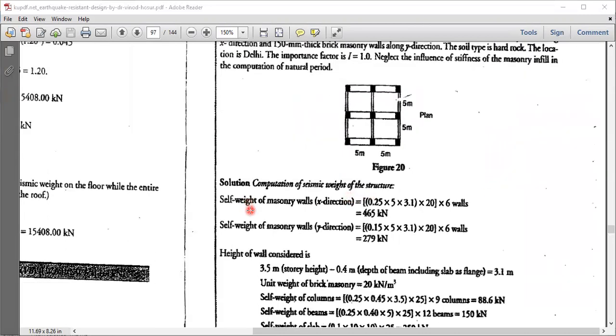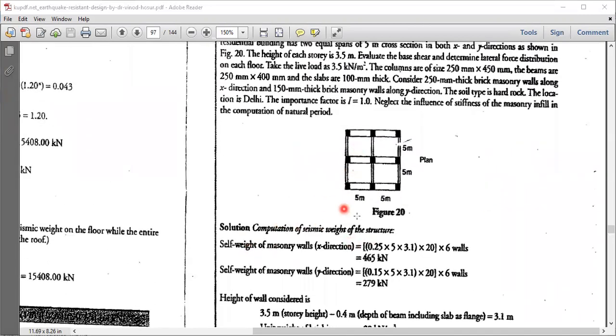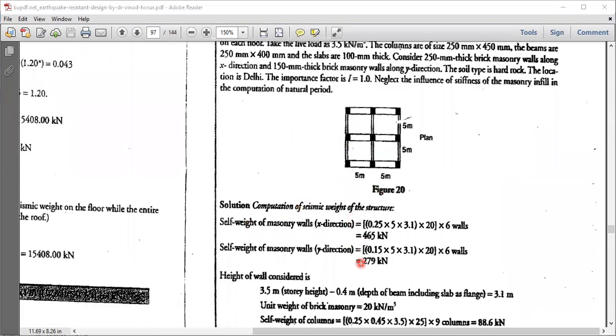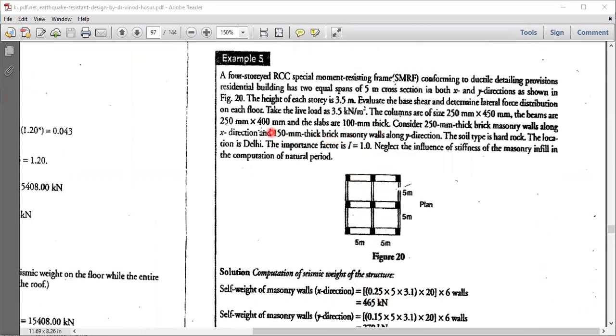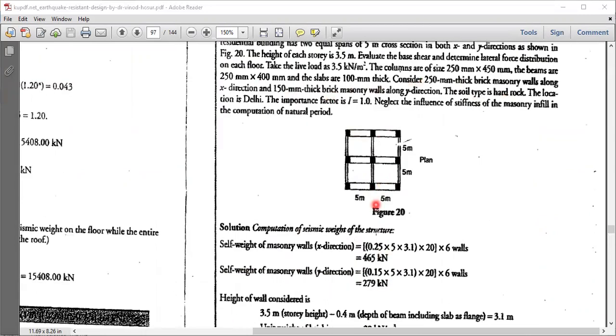Okay, so now more important is for us calculating the dead weight. So self weight of the masonry wall we'll calculate first in x direction. X is this direction. Okay, so what is the thickness of the x direction wall? 250 mm. So 0.25 into 5 into 3.1 into 20. 20 is nothing but the density.